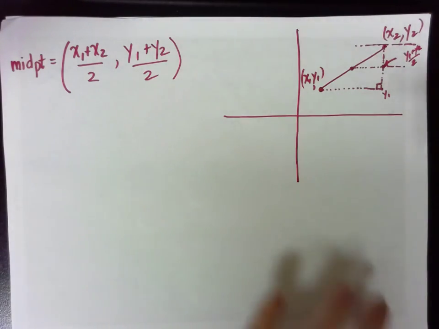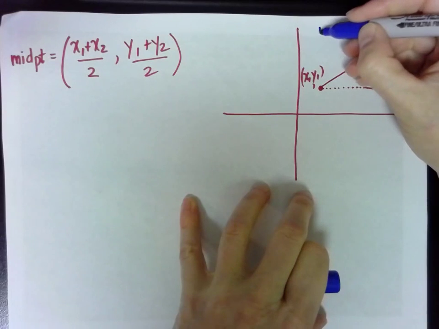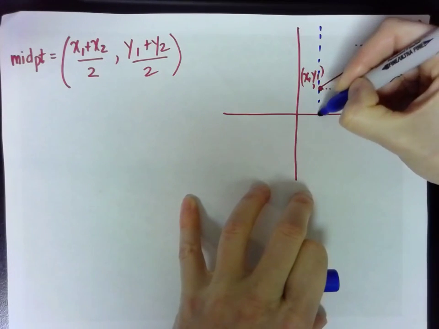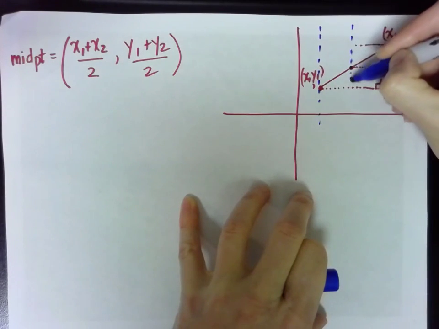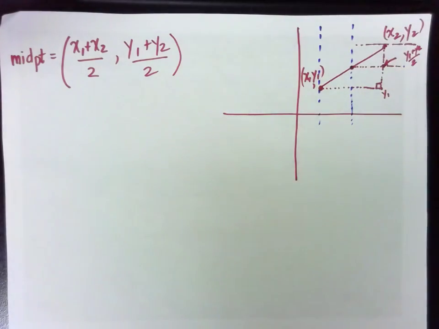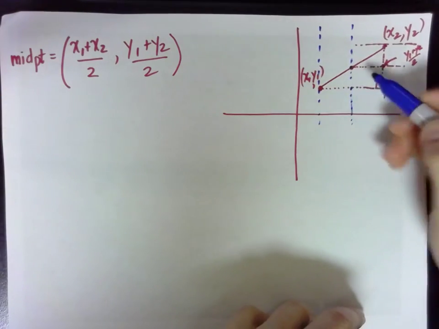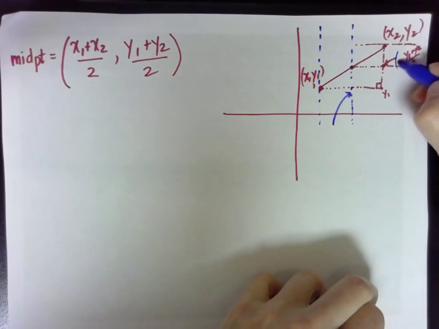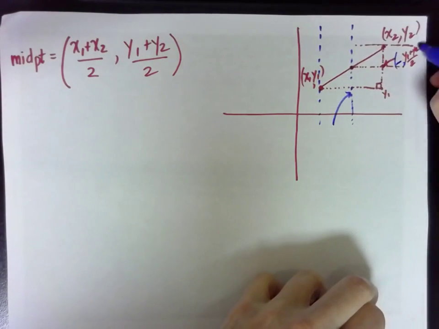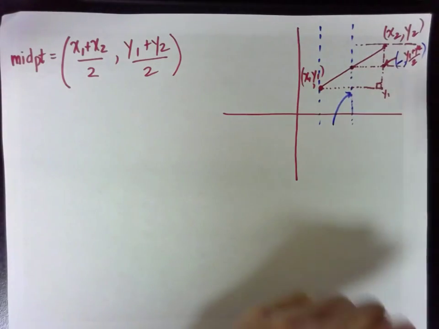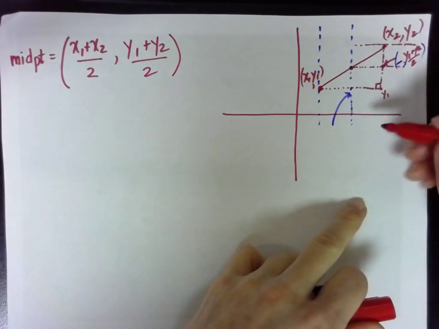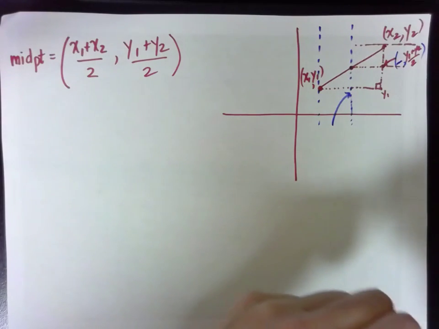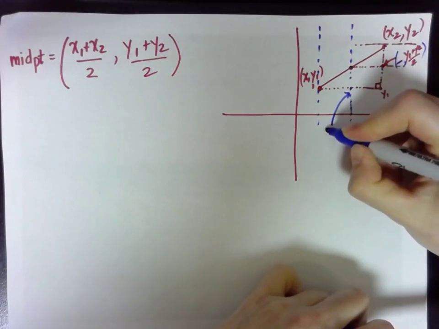And then we can use a similar kind of argument going in this direction. So for the x-coordinate here, I'm just going to put a blank. I don't care what the y-coordinate is on this one. I just want to look at the x-coordinate.